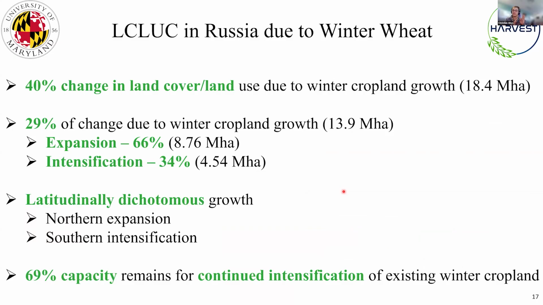We have a latitudinally dichotomous growth: northern expansion, southern intensification. And based off of our winter cropland use ratios, we have 69% capacity remaining for continued intensification of existing winter cropland. So we still expect to see that continued growth.